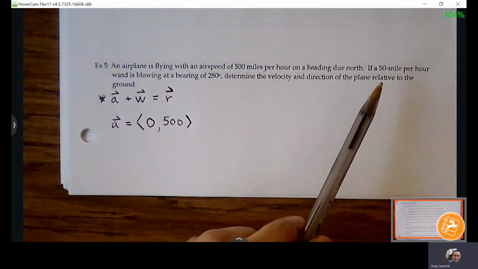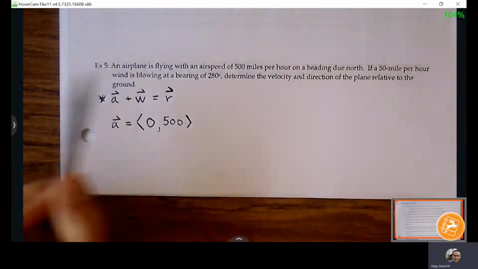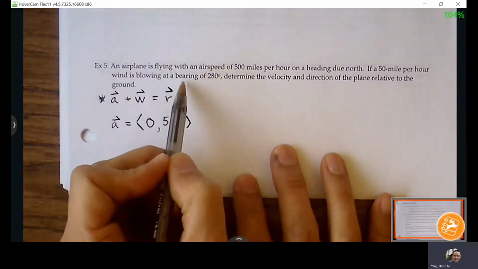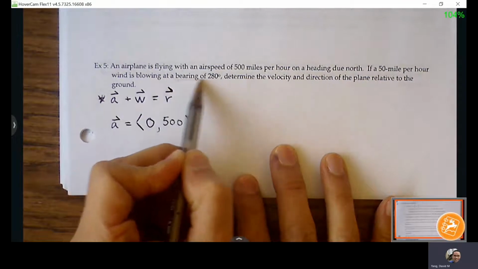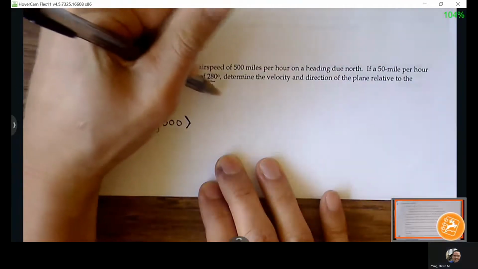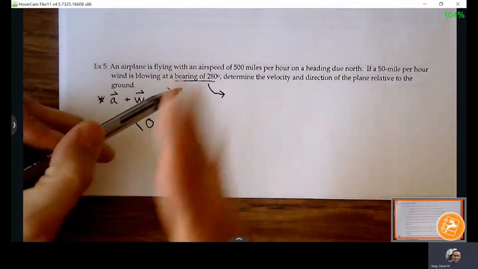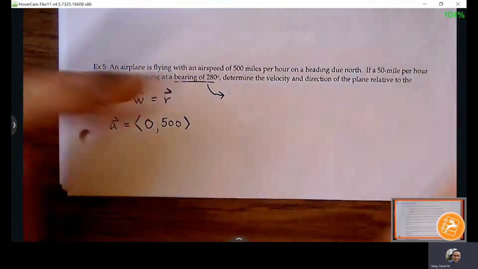But we have a 50-mile-per-hour wind that's blowing at a bearing of 280 degrees. We have to make an adjustment. This is not the true degree measure. How do we deal with bearing? From yesterday, we had that bit of a shortcut: subtract from 450. We know bearing means that we're counting from 90 degrees, so everything gets shifted.